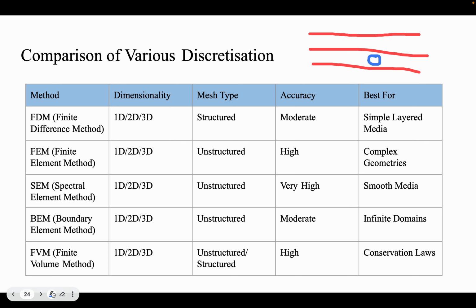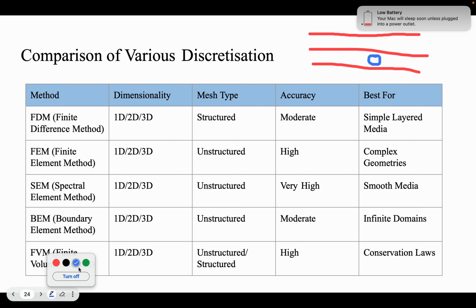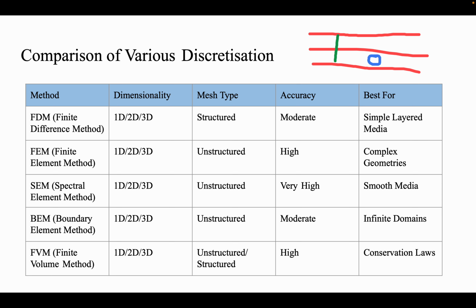So at all these locations I will have a larger size mesh. These green lines are indicative of the mesh, okay.